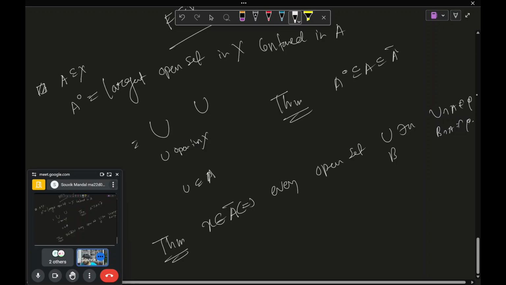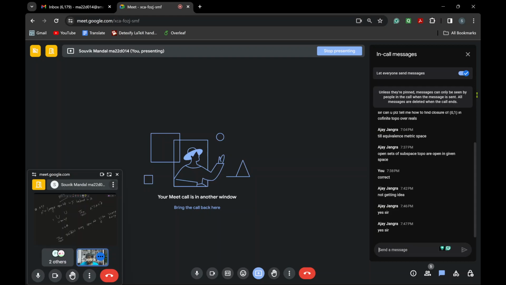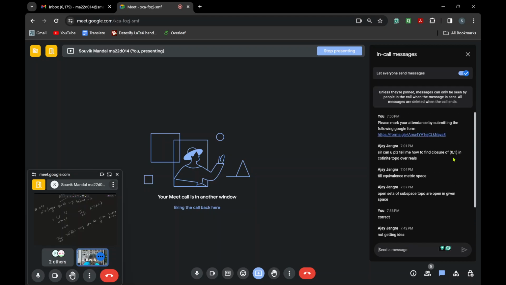Okay, so now let's get to the question that Ajay has asked in the chat. Let me look at the question. The question is the closure of (0,1) in the cofinite topology.